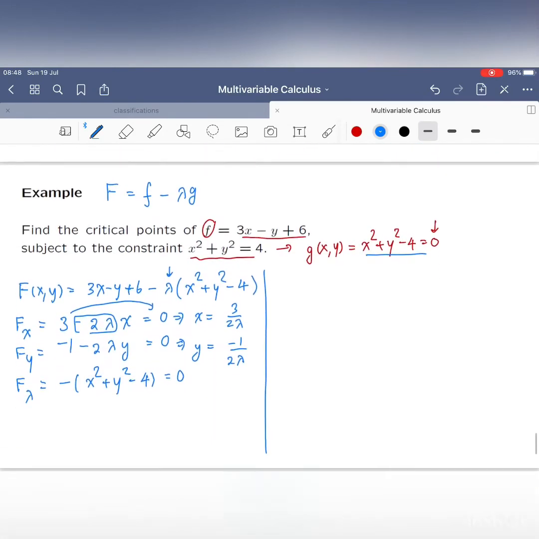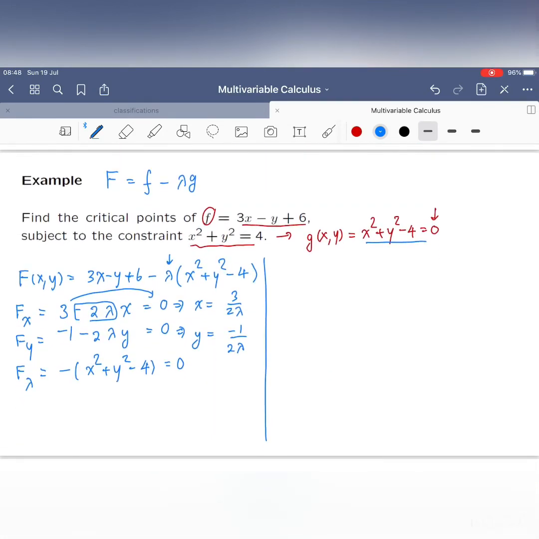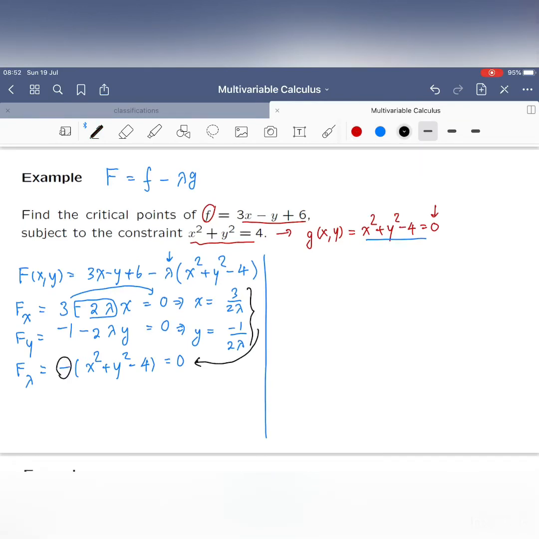Then your x and your y depend on a single variable, lambda, so you can plug both of them into your constraint. Then what you have is 9 over 4 lambda squared, and don't forget you have x squared plus y squared, which is also 1 over 4 lambda squared, and then equals 4.